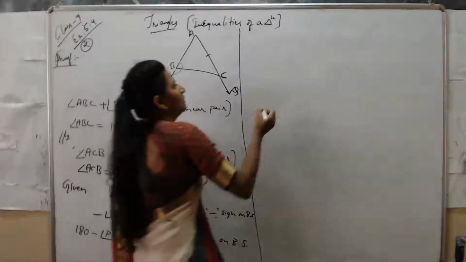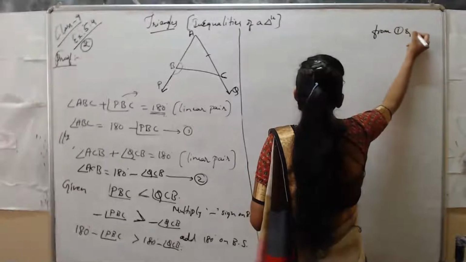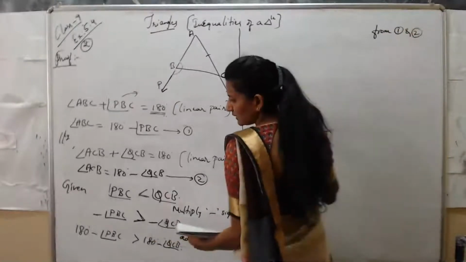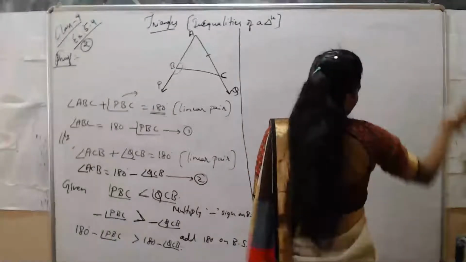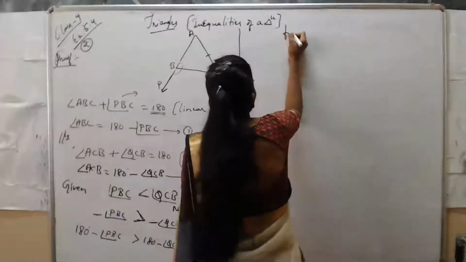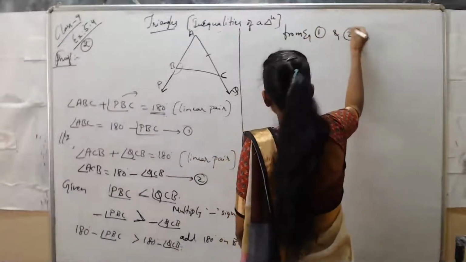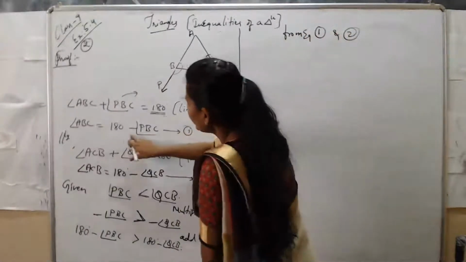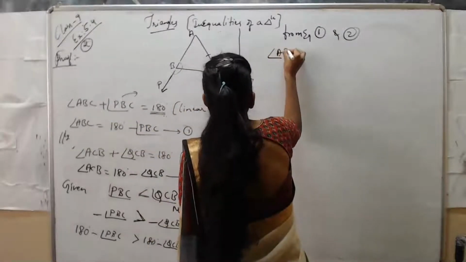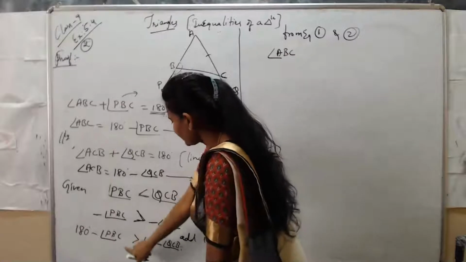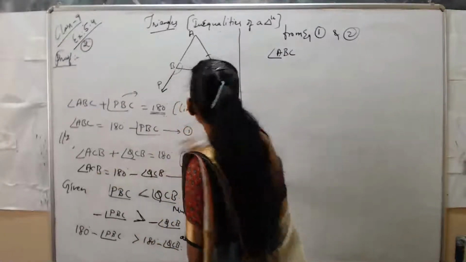Now from equation 1 and 2, 180 minus PBC can be written as ABC, and 180 minus QCB can be written as ACB.